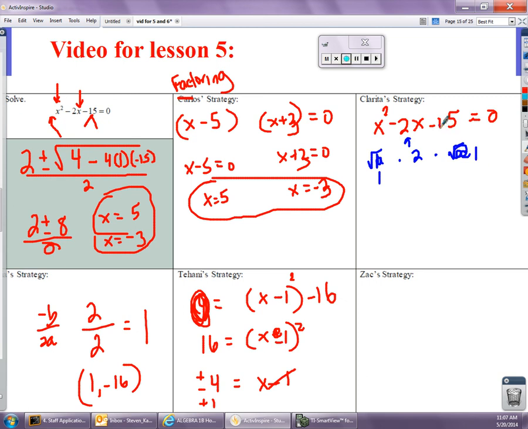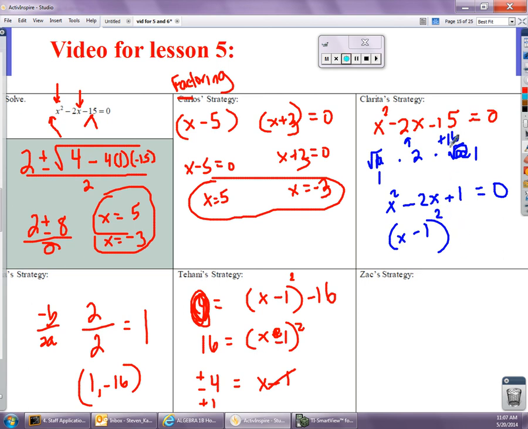So in order to make the negative 15 a 1, I'm going to add 16 to this quadratic equation. And that actually gets me a perfect square trinomial. If I were to factor this, you would end up with x minus 1 times x minus 1, or in other words, x minus 1 squared.